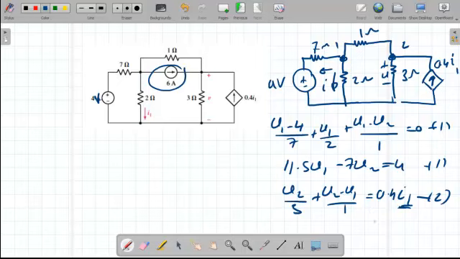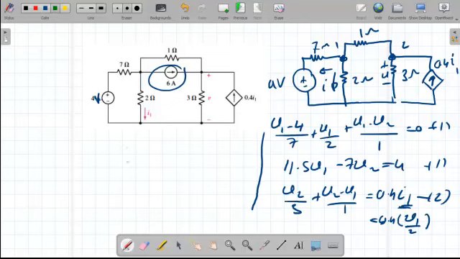So we can say that it's equal 0.4 V1 over 2. So we will have these two equations after we simplify 1 and 2.